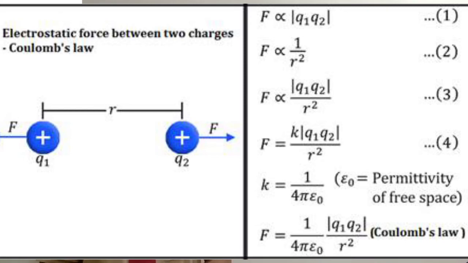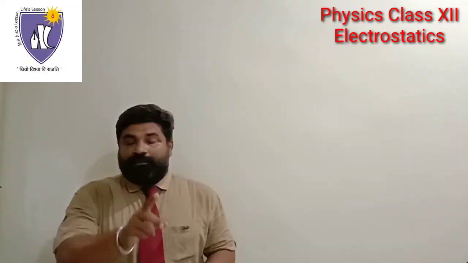Now the very important part: the formula is F equal to K Q1 Q2 upon r square. Here K is the proportionality constant, but it is a very important constant, and it also gives the difference between gravitational force and electrostatic force.